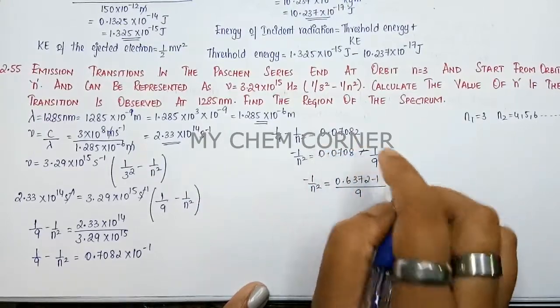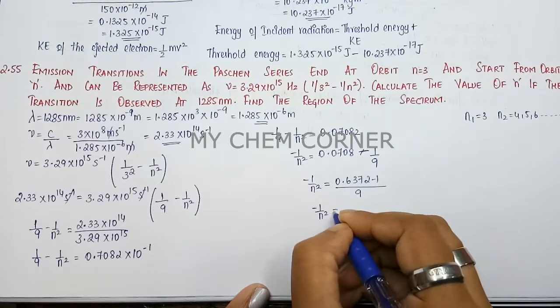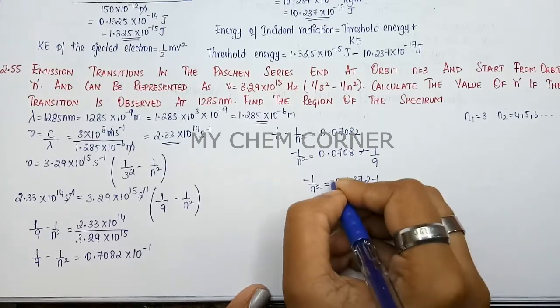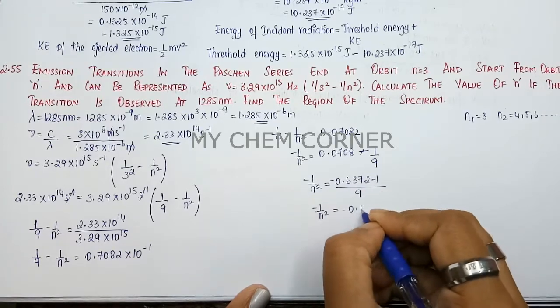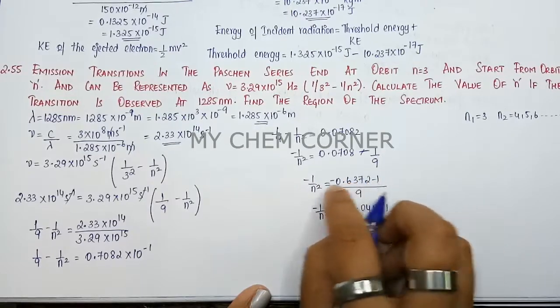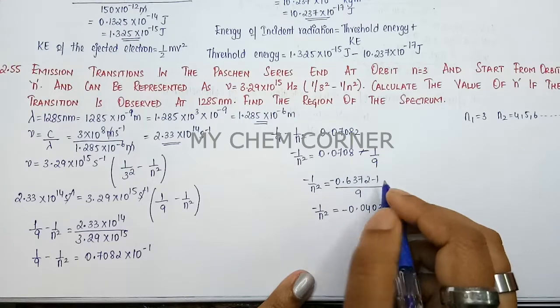I took the LCM of this. Now minus 1 by n square is equal to, when I divide both of these, I will get minus 0.04031. I put a minus sign here because when you subtract it, you get a negative sign. So this is the value after you divide it.